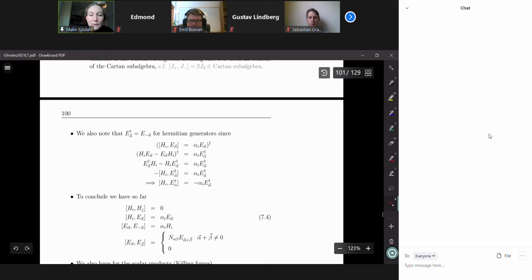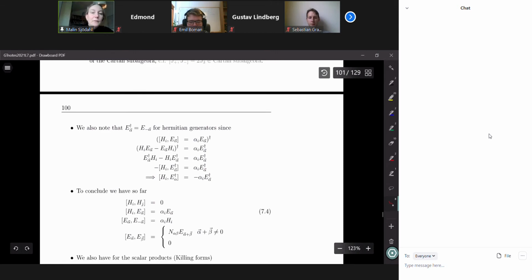So the commutator is minus alpha_I times E alpha dagger. That is, I have concluded that the Hermitian conjugate of E alpha is E minus alpha.